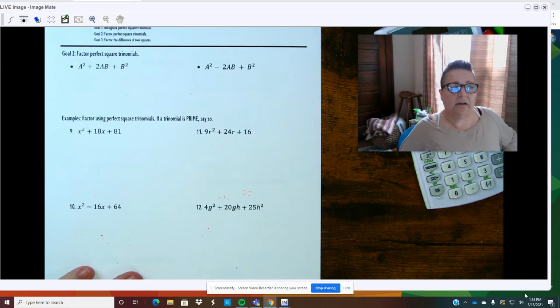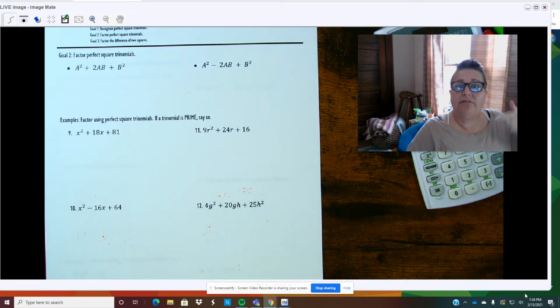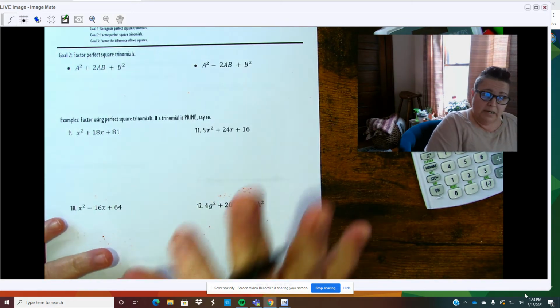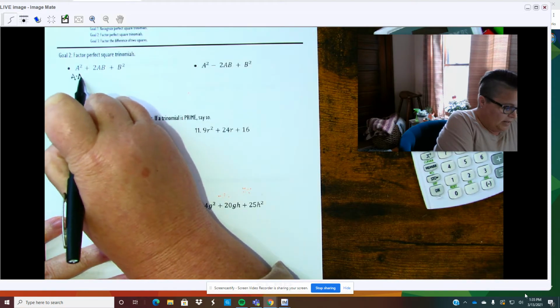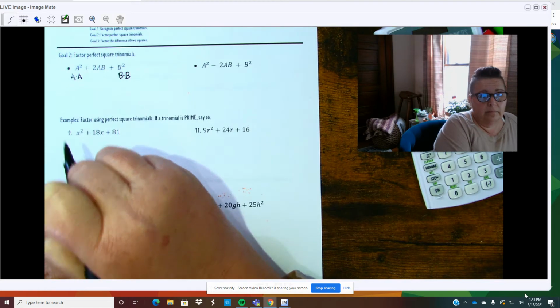So our goal here for the second part of this is to look at the patterning to actually factor the perfect square trinomial. So here's what I need you to recognize, that this a squared is indeed a times a, that b squared is b times b.